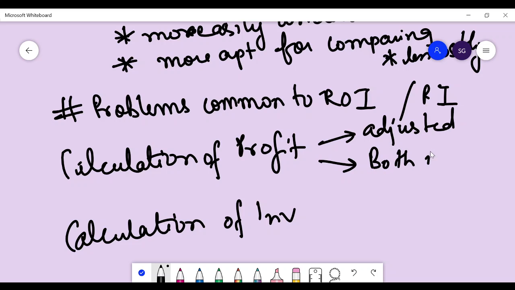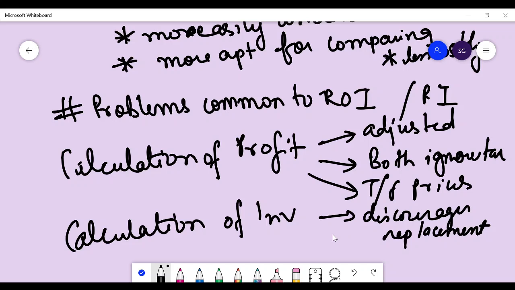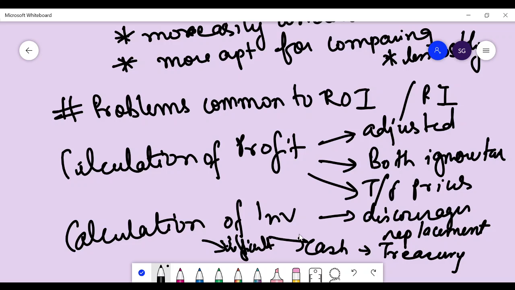Both ignore tax. Transfer prices or quantities may be set at non-commercial rates. Investment discourages replacement. Cash is controlled by Treasury Department. And last, difficult to value intangible assets.